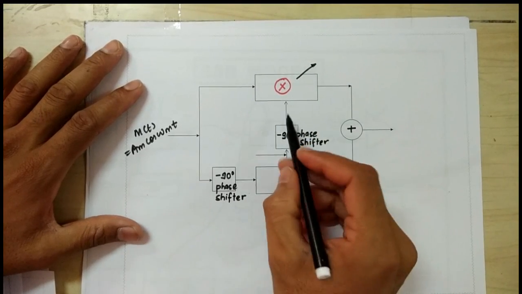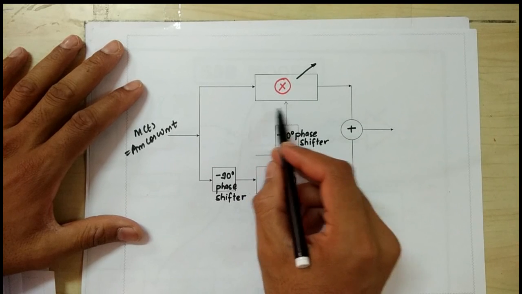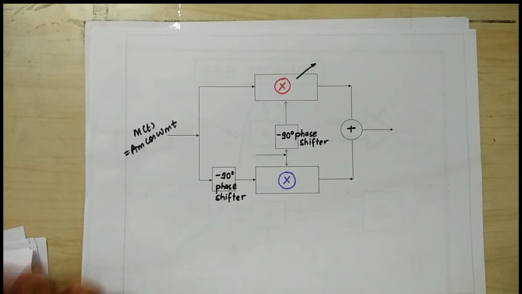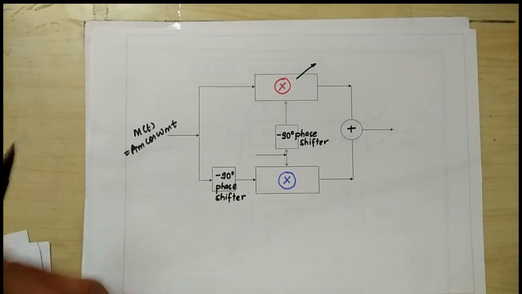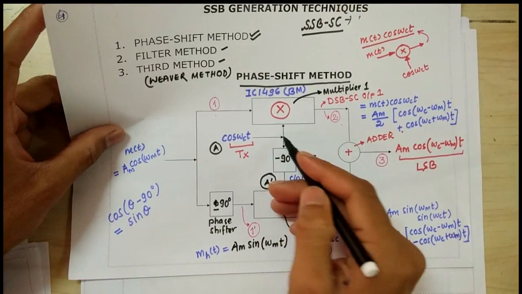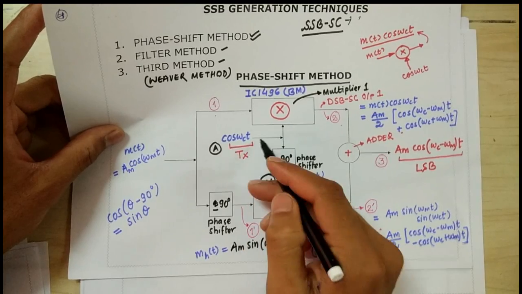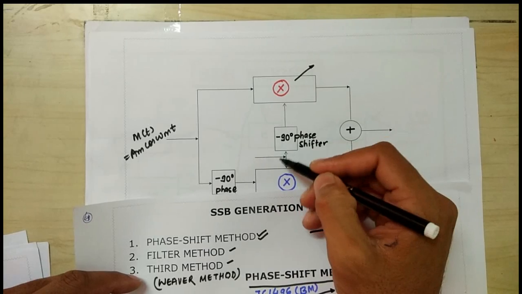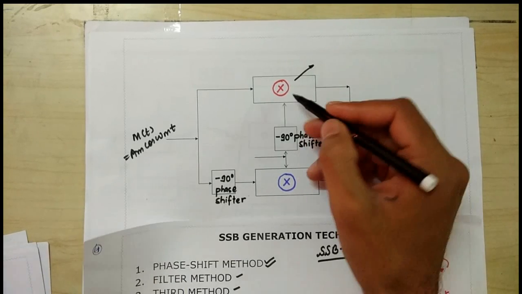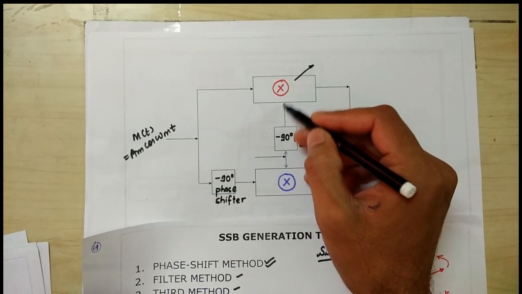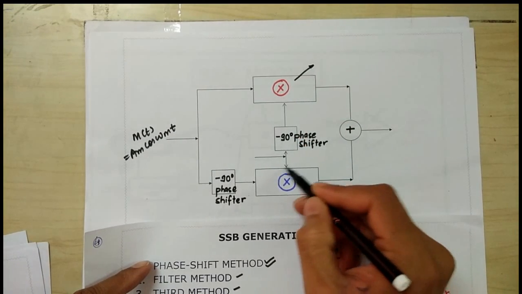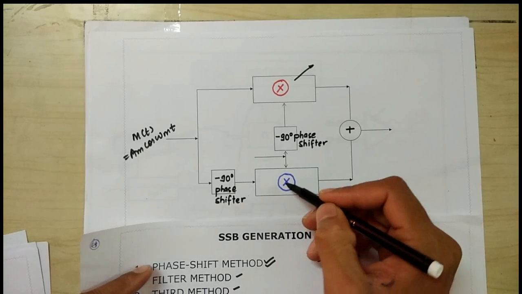Now previously, for DSB-SC1 we applied the cos omega ct carrier directly, but now we have interchanged the carrier connections: in DSB-SC1 we give the shifted version of the carrier, and in DSB-SC2 we give the carrier itself.